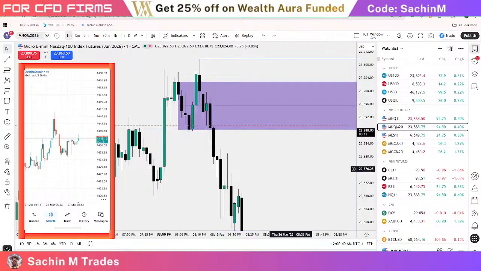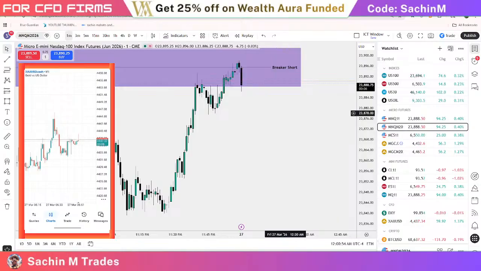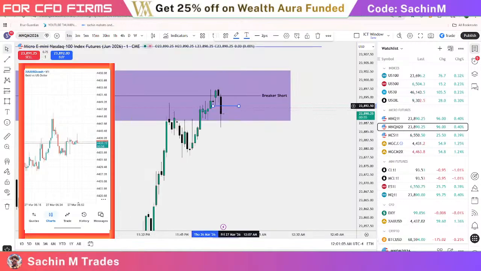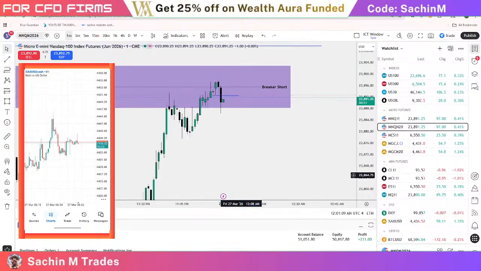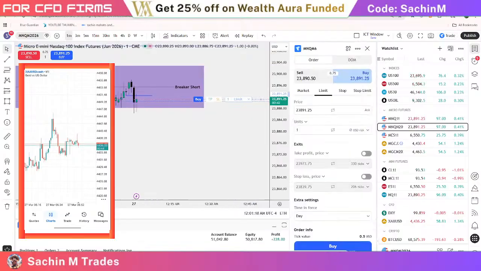This is a breaker short. The market is falling from this breaker. It can take out this liquidity and come back. And we also have this body candle confirmation here. So we can short it from here. Let's see if we short it from here how much risk we can go into.